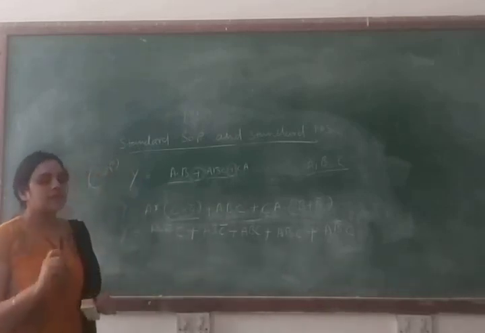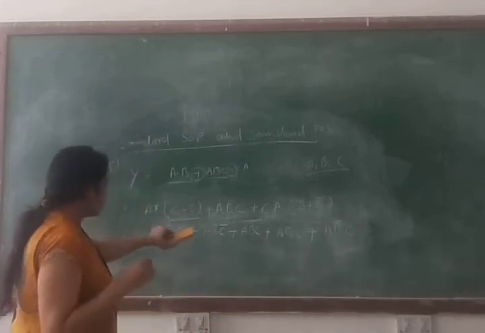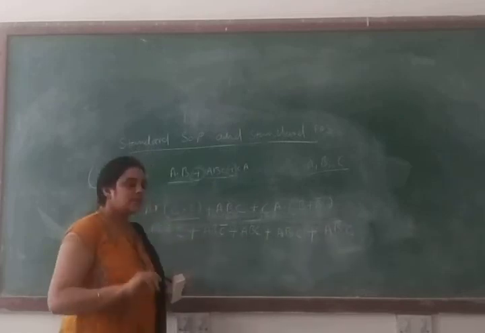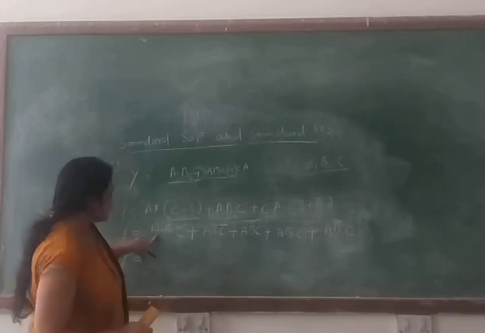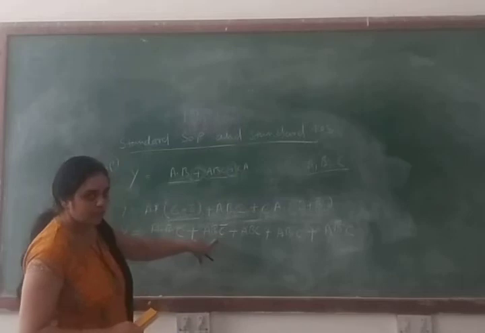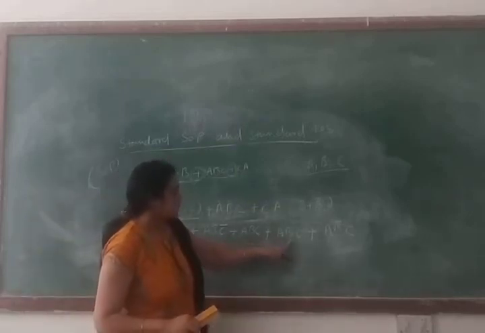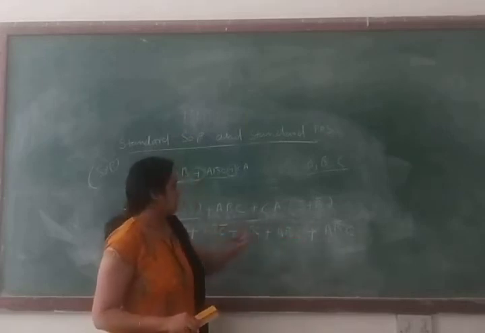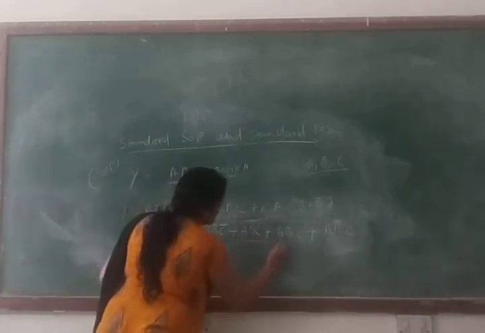So now our third step is, whatever redundant terms we get after simplification of the logical expression, we will remove these redundant terms, right? So in this logical expression you can see the first term is ABC, then the second term is ABC complement, plus the third term is ABC, plus the next term is ABC again, and the last term is AB complement C. Now you can see this ABC and this ABC.